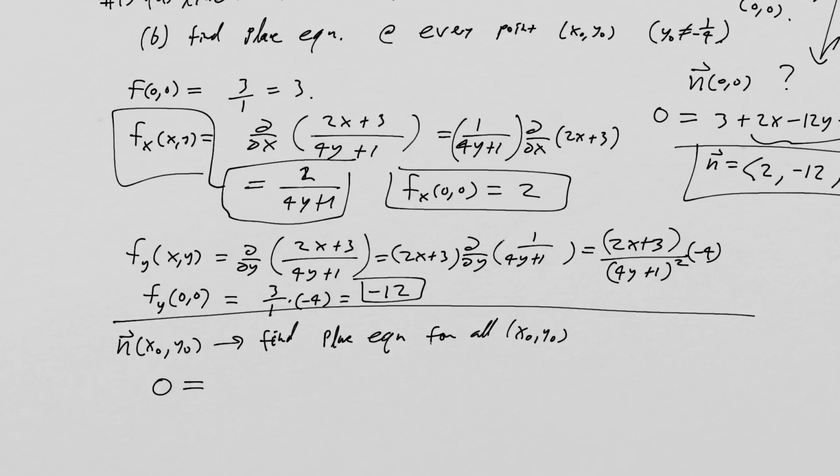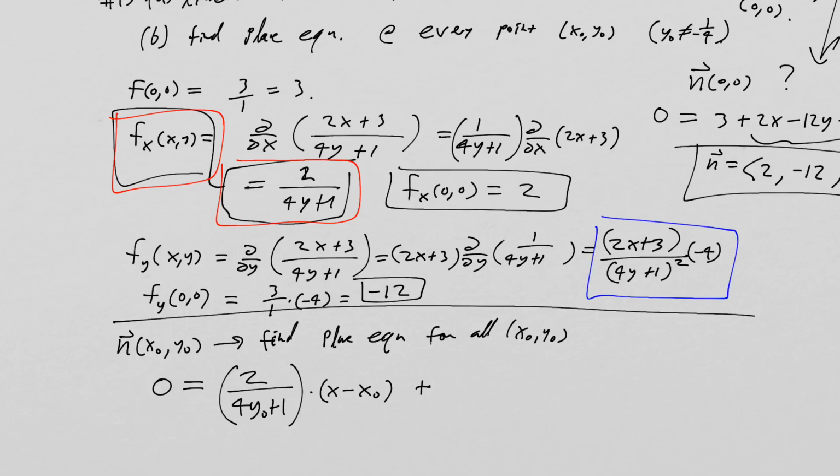Let's look at the f of x. So the f of x is right there. We know that's what the derivative is equal to. So all we have to do is put that as a 2 over 4 times y naught plus 1, right, times x minus x naught. Okay, perfect. Plus, now we have to look for fy, which is sitting right there.